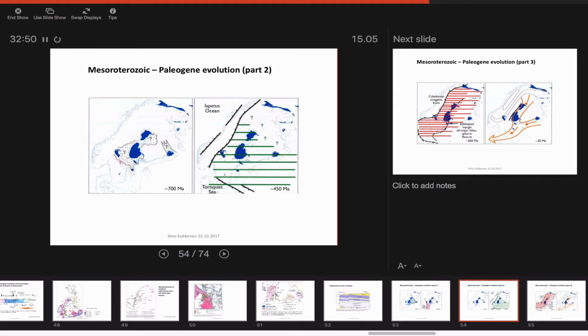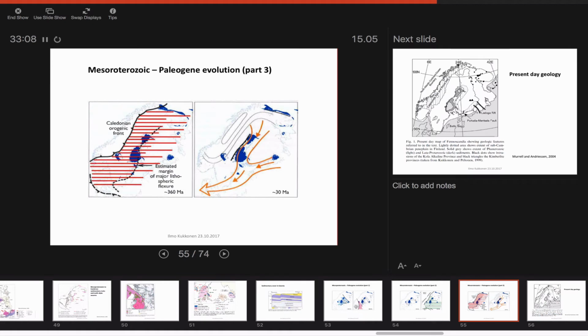Then there was also the Iapetus Ocean, because the Atlantic opened for the first time, and maybe affected this area as well. There could have been some sedimentation related to that. Then we come to the Caledonian orogenic front, when the orogeny takes place, and there was a subduction to the west when that Atlantic basin closed.